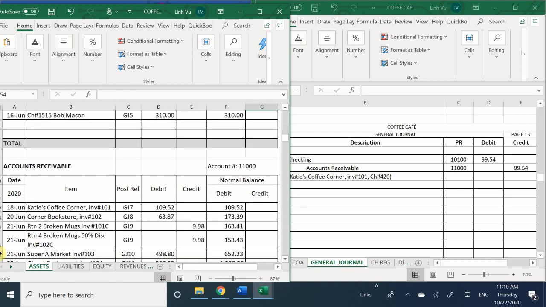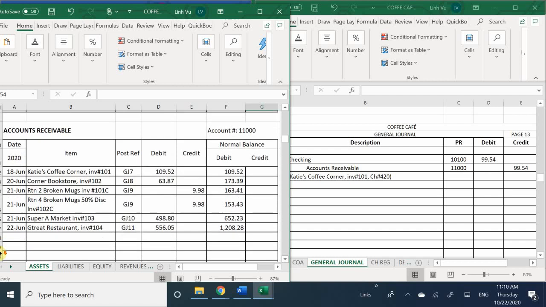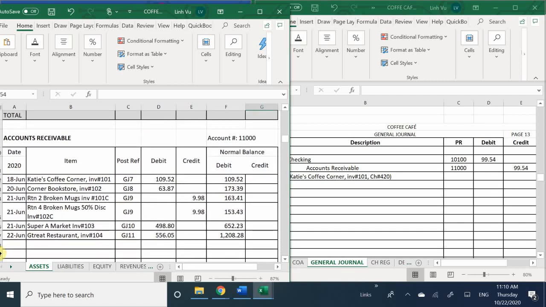Then next we're going to go to our accounts receivable. Here we are, accounts receivable. So what am I going to put here? Katie's Coffee Corner, invoice 101. Then GJ 13.